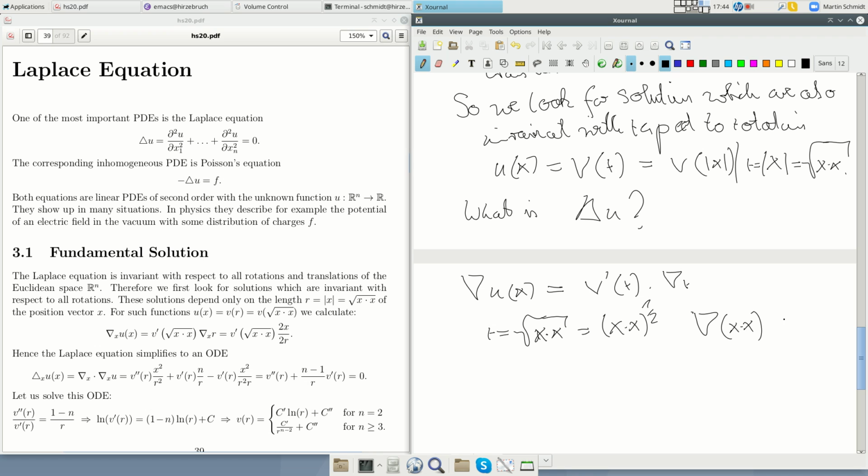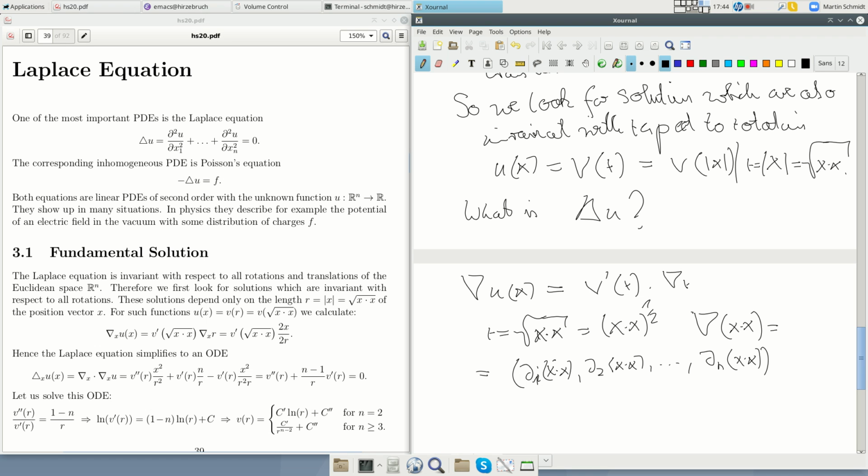And I claim this is, let us use this abbreviation which we already introduced, d_i of x scalar product x, so d_1, d_2, up to d_n of x times x.